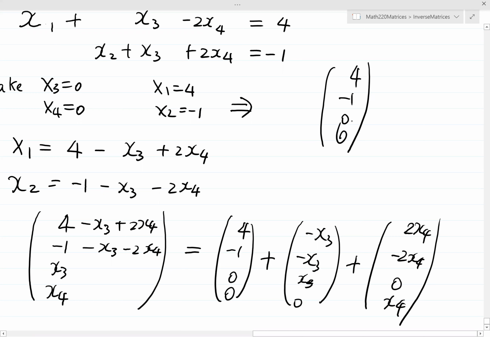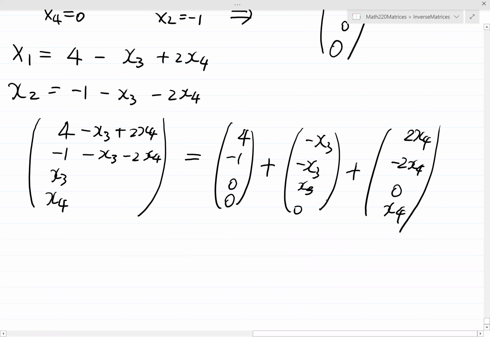So you see we have a general solution. The general solution is the special solution plus 2 other vectors. We know the null space has dimension 2.